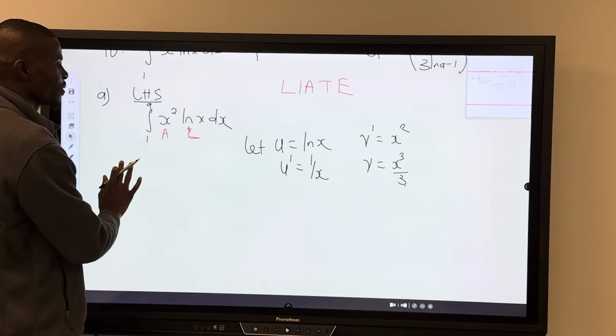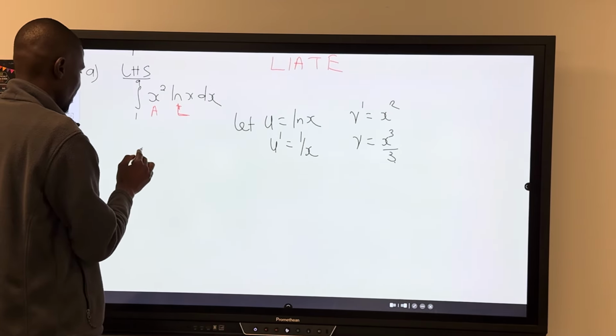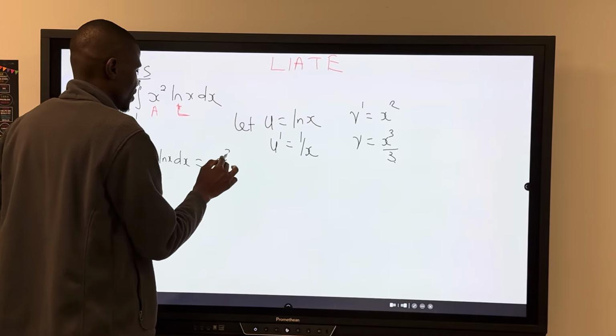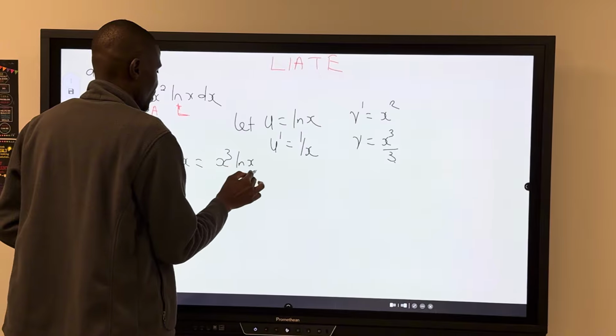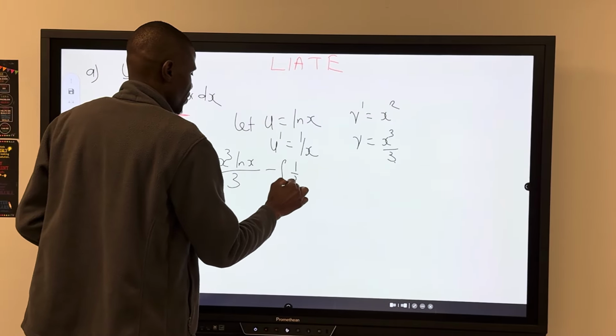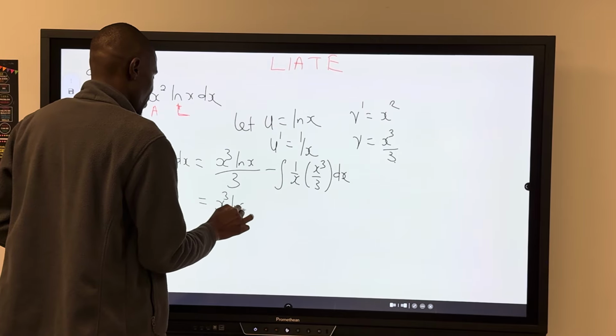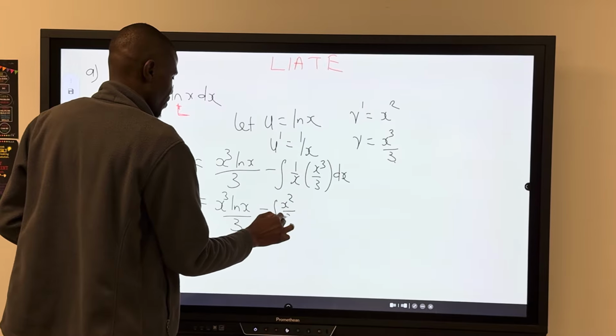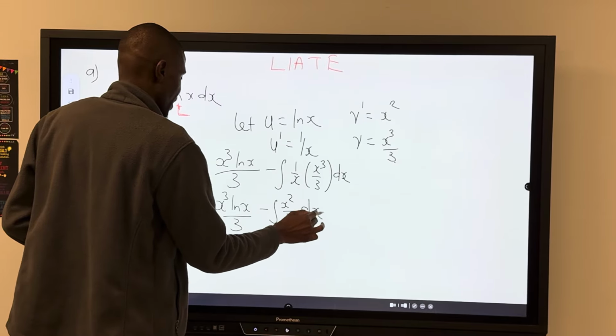Using integration by parts, the integral from 1 to a of x squared natural log of x dx equals uv, so x cubed natural log of x over 3, minus the integral of v du, which is the integral of x squared over 3 with respect to x.